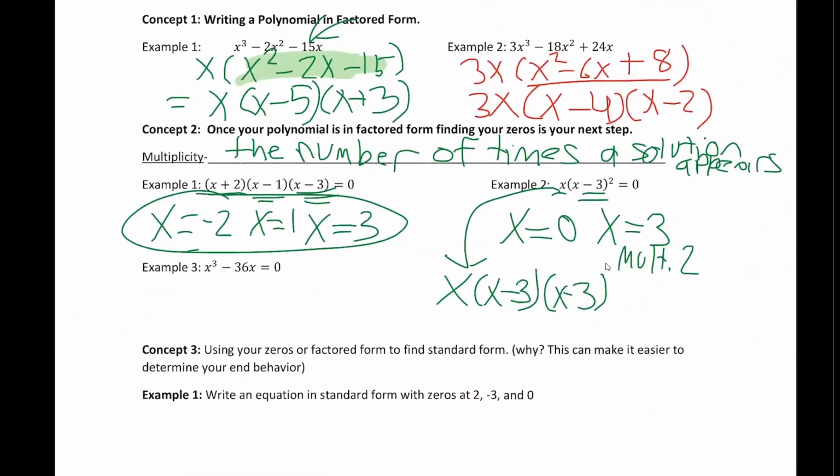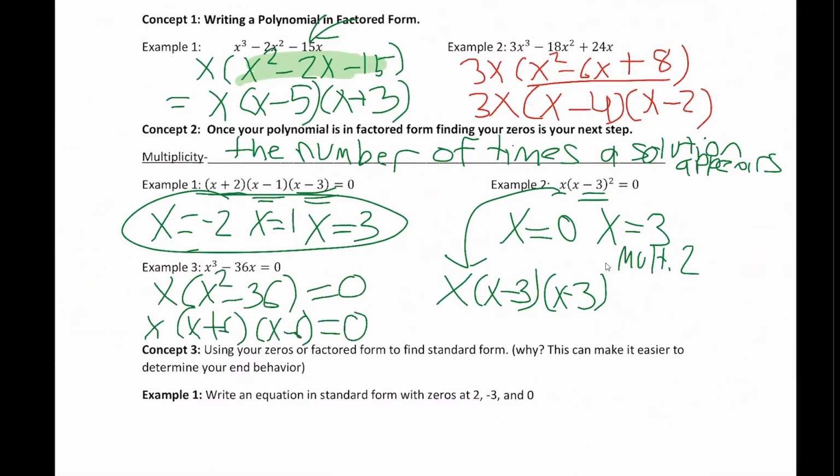In example 3, it's not in factored form. We're going to want to try and pull out a GCF and factor this down. We could pull out an x, and then I don't know if you recognize that's a difference of squares. So that would really be x plus 6, x minus 6.